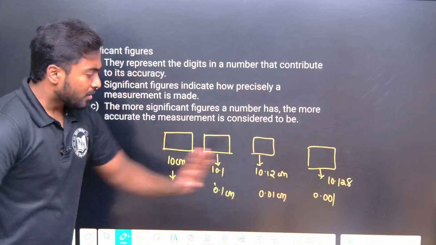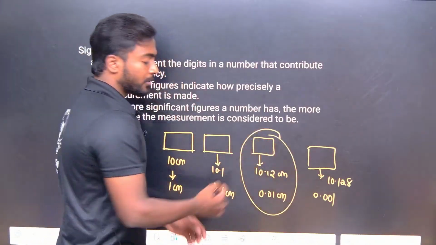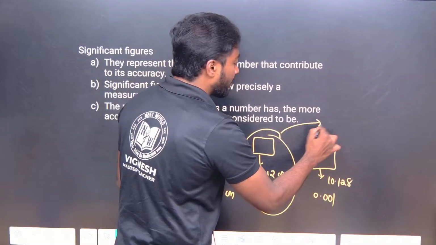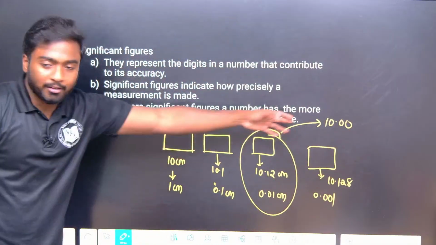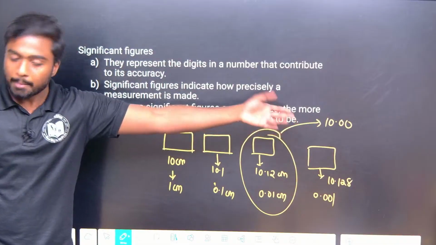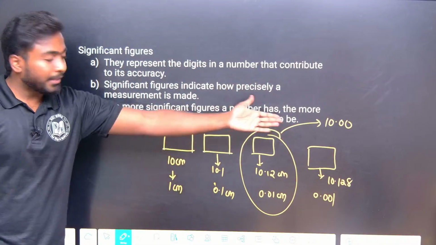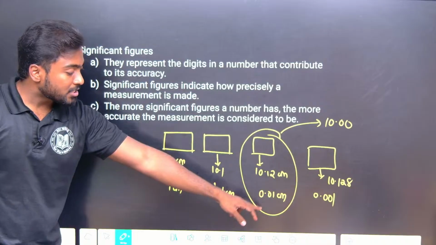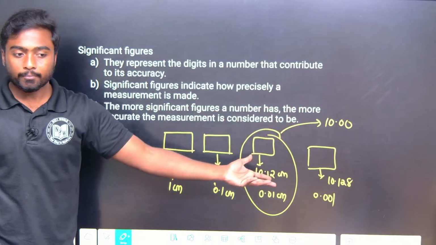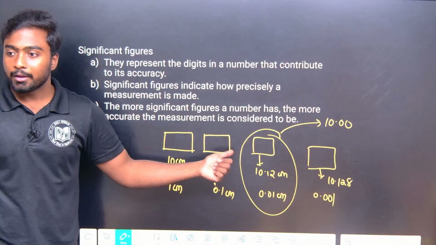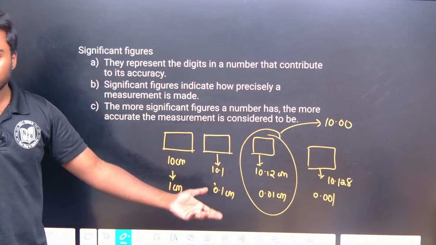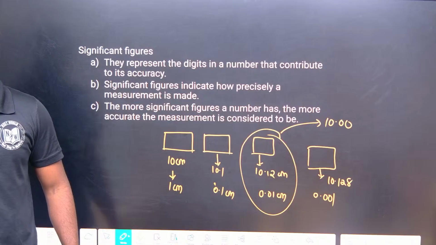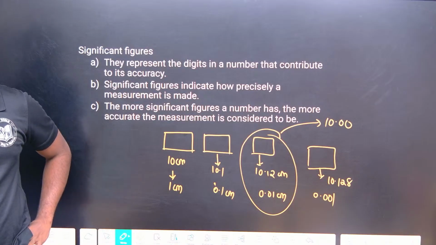Suppose I measured this object and got the value as 10.00. Is this also correct and this also correct? No, both are correct: 10 and 10.00, but according to the least count I have taken 0.00. How many significant figures, 3 or 4? Here 4. How 4? There are only zeros after the decimal point.